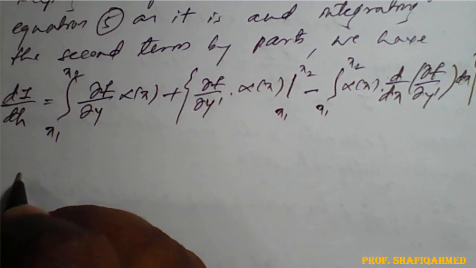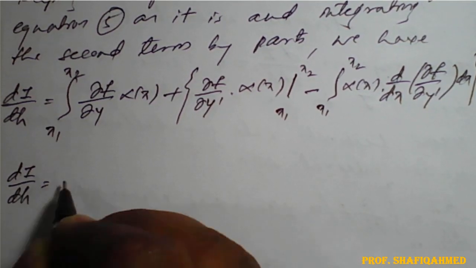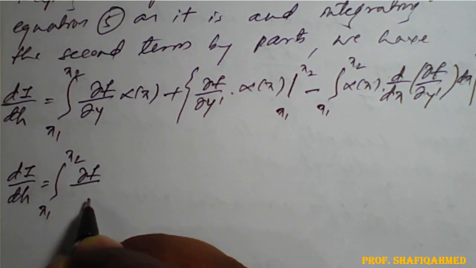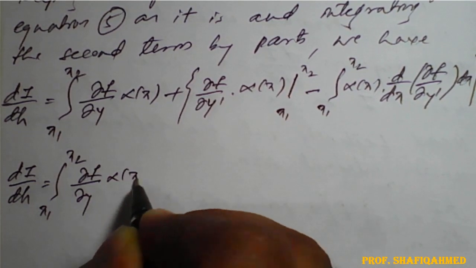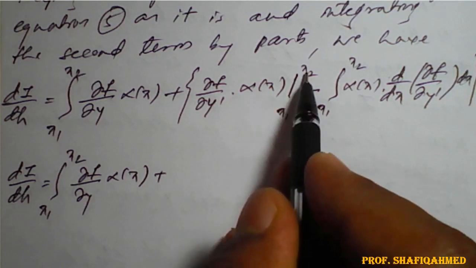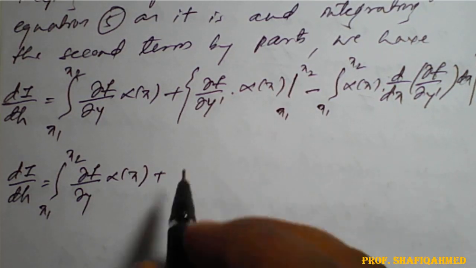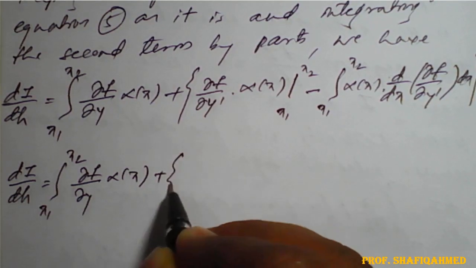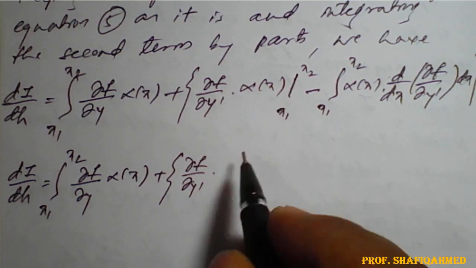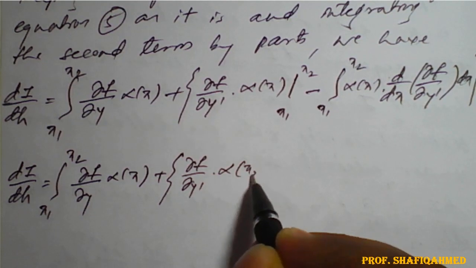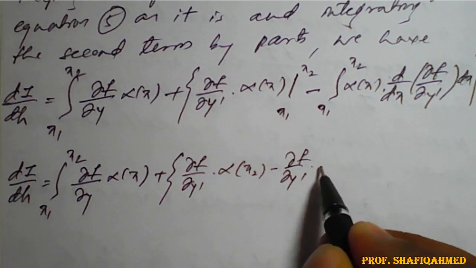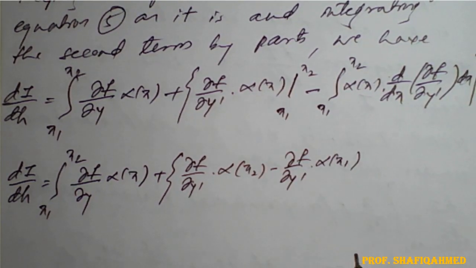Now on simplification, di by dh is equal to integration x1 to x2 dou f by dou y into alpha x, plus, if you apply the upper and lower limits, replacing x by x2 as the upper limit and x by x1 as the lower limit, we get dou f by dou y dash into alpha of x2 minus dou f by dou y dash into alpha of x1.